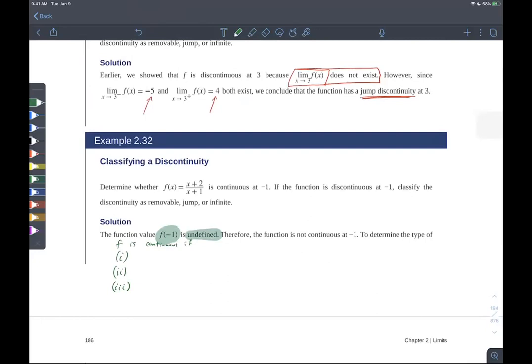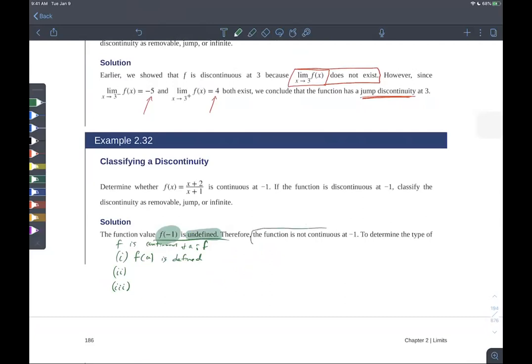F is continuous at a if, step 1, f of a is defined. This was just the first requirement. Well, we just saw that f of -1 is undefined for this function. Therefore, this function f cannot be continuous at -1.